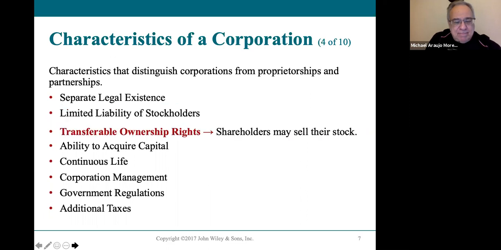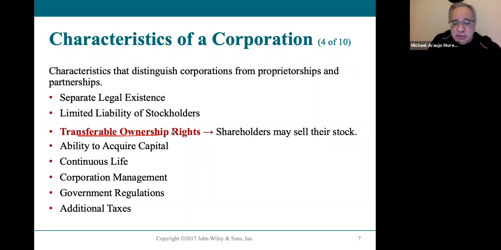Another thing that's very interesting, a big plus for corporations, is that ownership can be transferred quite readily. That's the only thing happening on the stock exchange every day, by the way: shares of ownership are being traded. Certain people who own the corporation are selling those shares to people who want to buy them.